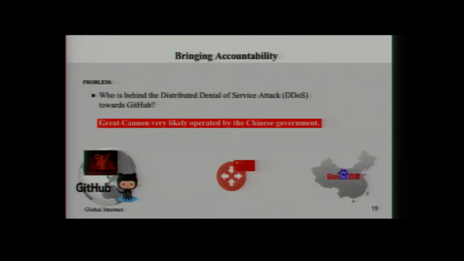And at the end, we provided enough evidence to suggest Great Canon is very likely operated by the Chinese national government, and it is co-located where the Great Firewall's other infrastructure is, but it's meant for a different reason. It's a separate system, and it shows an escalation of state-level capabilities that the Chinese government had.